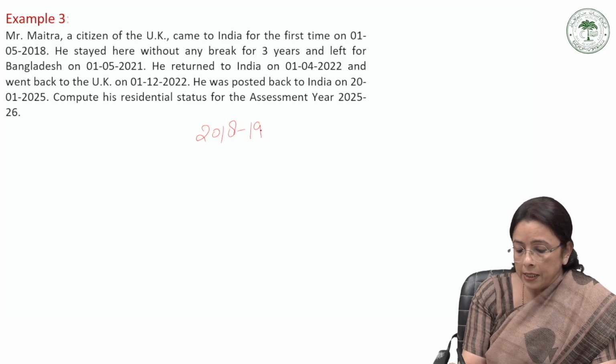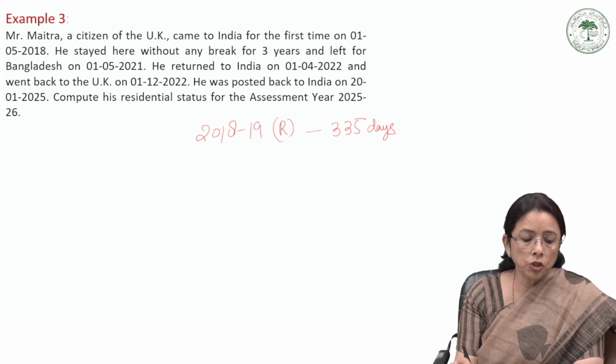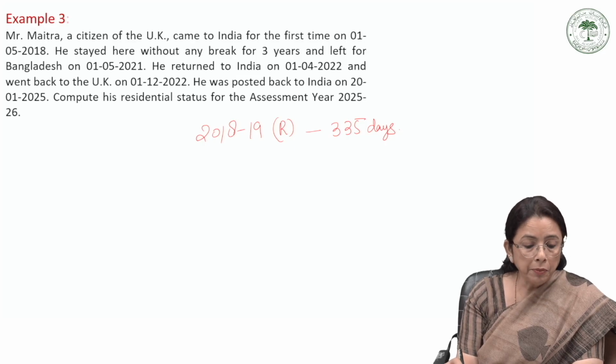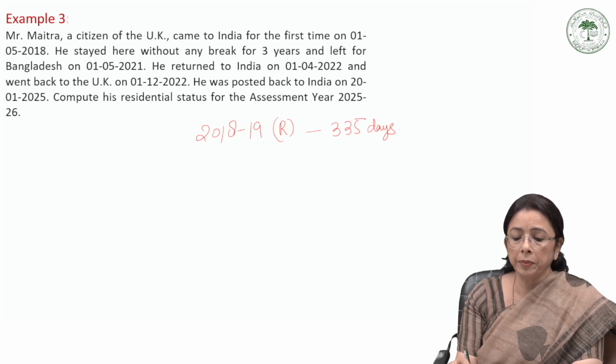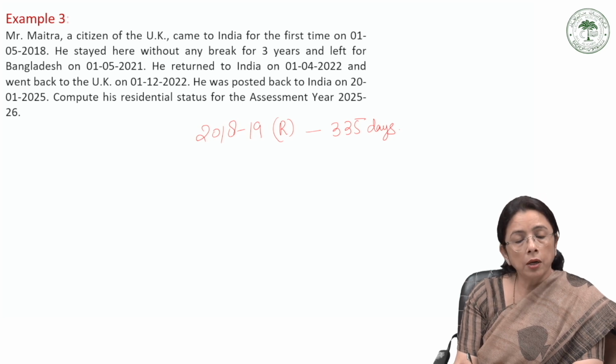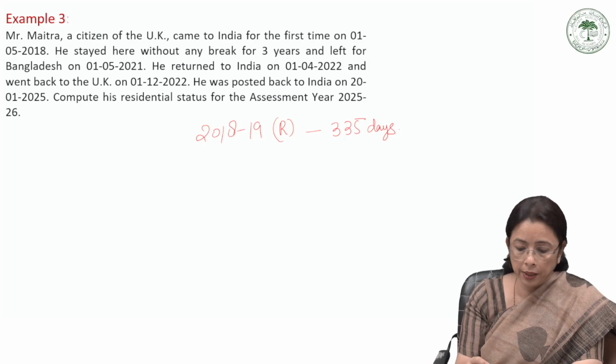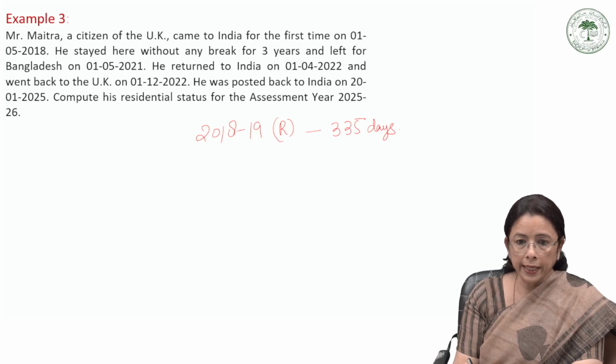He remained resident here for 335 days, because he came to India on 1st of May. He stayed here without a break, but if we consider from the financial year, he came after 1 month. That is, 1st of May means after April he came. So delete that 1 month from this. So we get 335 days in 2018-19.